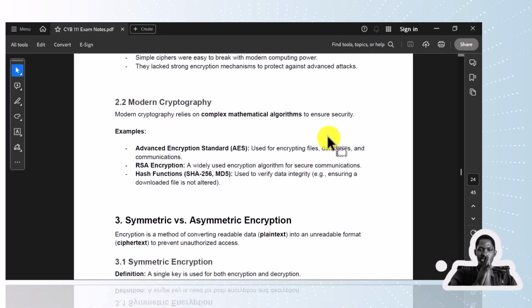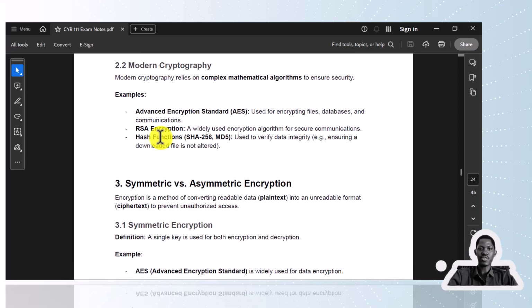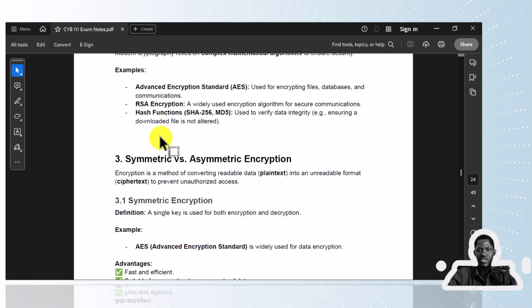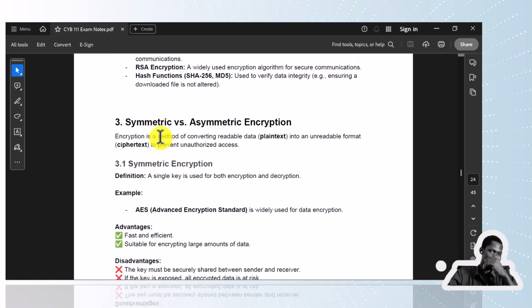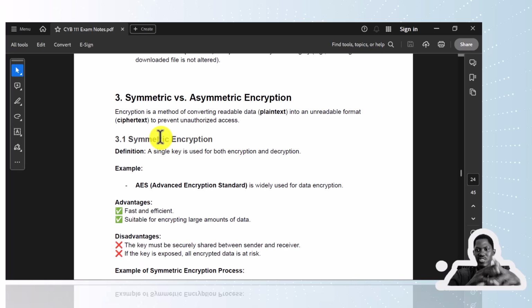Now, let's move to symmetric and asymmetric encryption. So you have examples of modern cryptography, and you have examples of historical cryptography. This is where things get interesting and questions come from. All the time when you go to an interview, they'll ask you about it: what's your understanding, what are the differences.